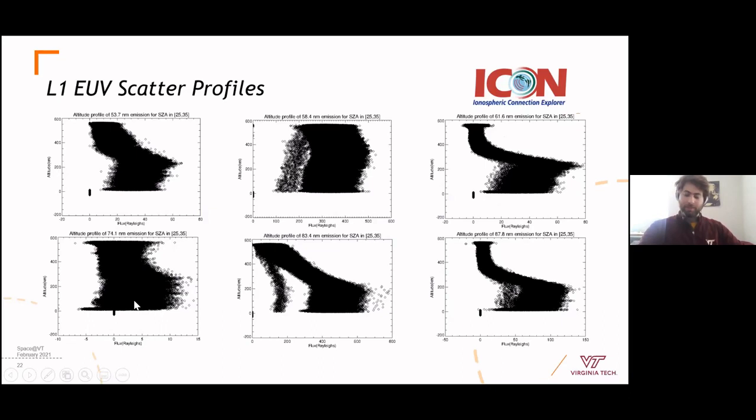But some of these bins that we're getting reported are very dim, such as the 741, peaking out at maybe 10, maybe 15 Rayleighs. So we're seeing some bright lines and some that are very dim. In the brighter lines, we get this nice kind of profile. You can see how it is evolving over altitude, whereas some of the dimmer ones, when we just have it scattered like this, it looks like a blob.